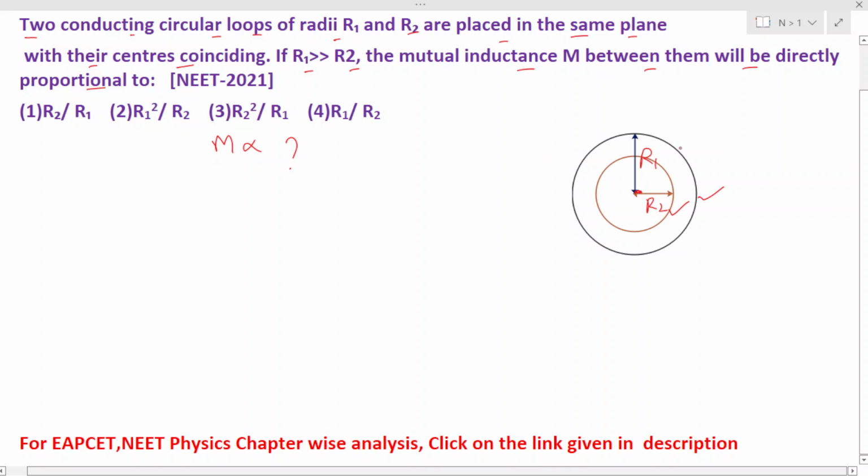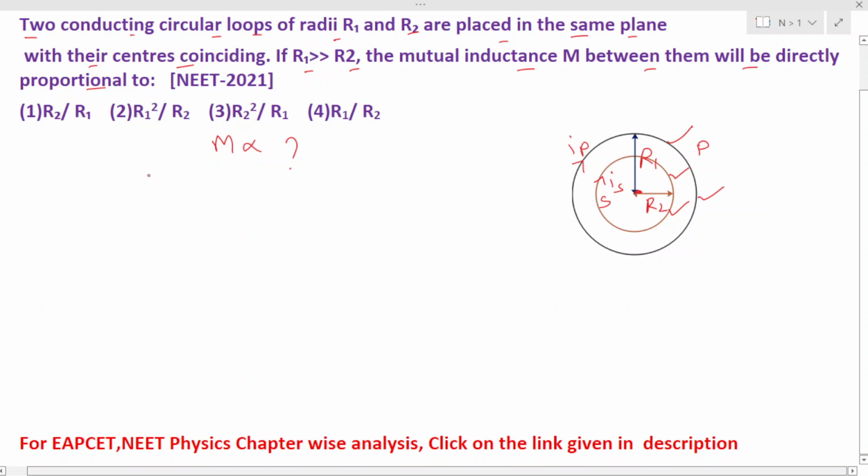Okay, so let me take this as my primary coil, this as my secondary circular loop. Let Ip be the current flowing through the primary loop and Is be the current flowing through the secondary loop. Now, since Ip current is flowing through the primary loop, a magnetic field will be generated by the primary coil, and these magnetic lines of force will pass through the secondary coil.